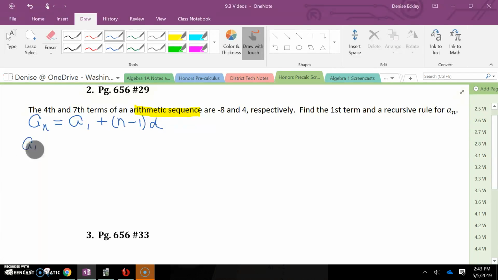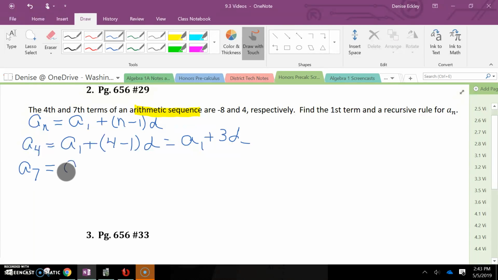So a sub 4 for the fourth term is going to be a sub 1 plus 4 minus 1 times d, which gives me a sub 1 plus 3d. And then for the seventh term, I have a sub 1 plus 7 minus 1 d.